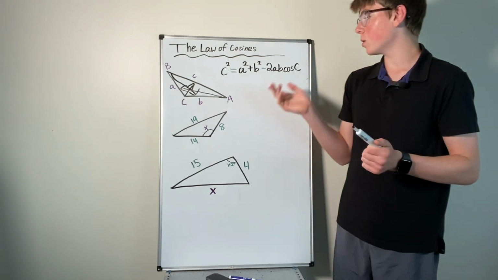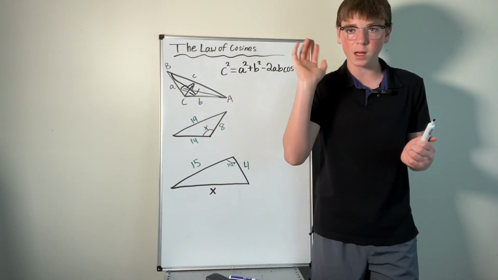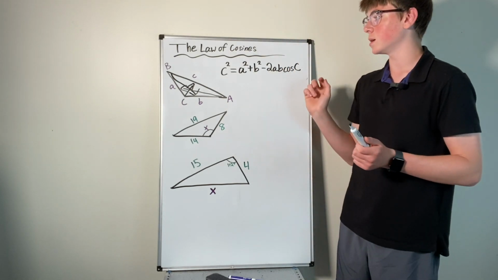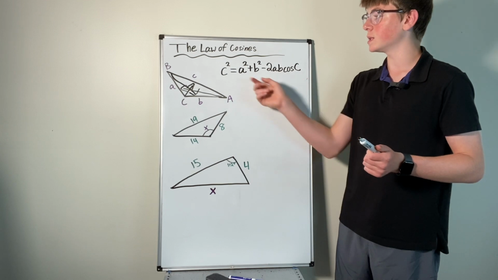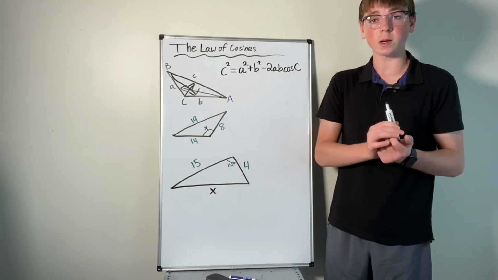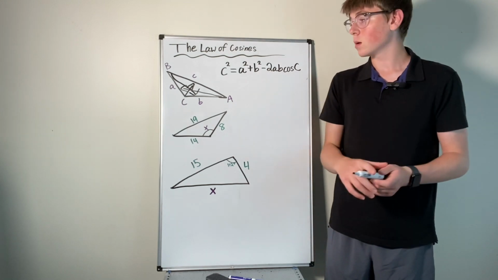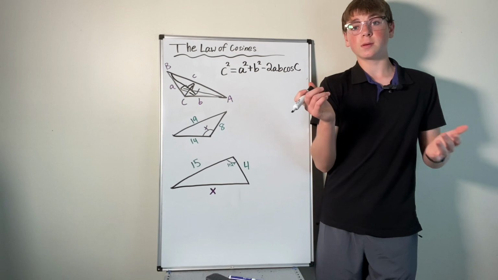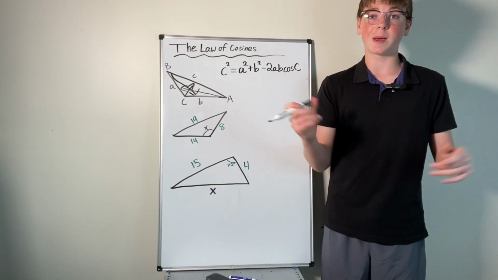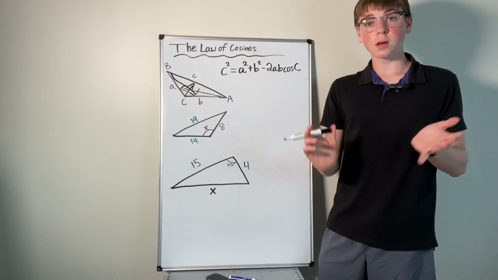So if you want to remember that, you could think something like the quadratic formula comes next, and then it's cosine C, whatever the angle is opposite the c squared. So c squared equals a squared plus b squared, Pythagorean theorem, minus 2ab cosine C. That's going to be a hard one to remember, but if you need it, you can come back to this video.